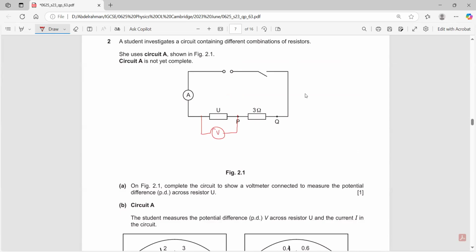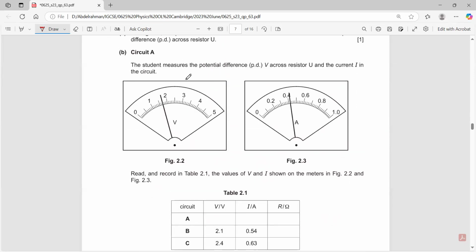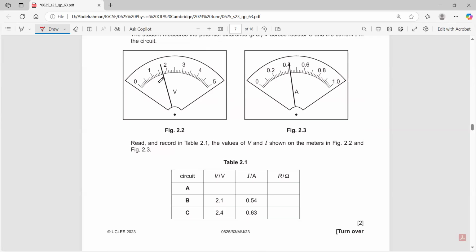You have several circuits. Circuit A, now the circuit measures the potential difference across U and the current. What is the voltage and what is the current? The voltage is 1.7 volts and the current is 0.42 amperes.